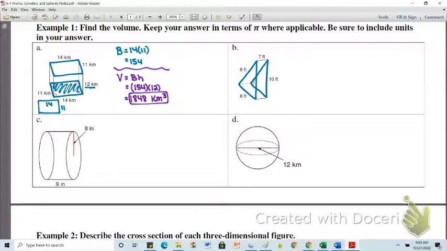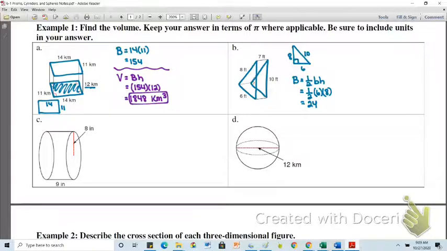I'm going to jot down a picture of it so I know it's a right triangle. This is 6, this is 8, this is 10. To find the area of my base, area of a triangle is 1/2 BH. So in this case, it's 1/2 times 6 times 8, which is 24.